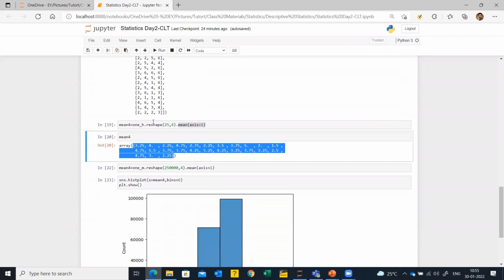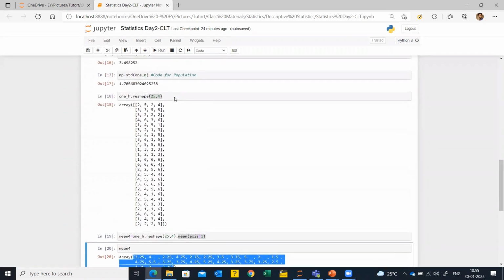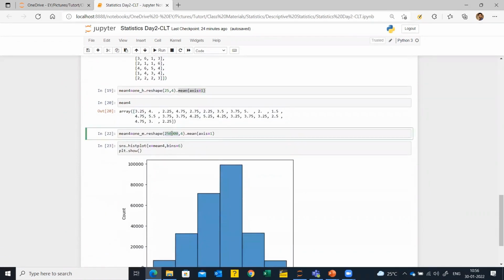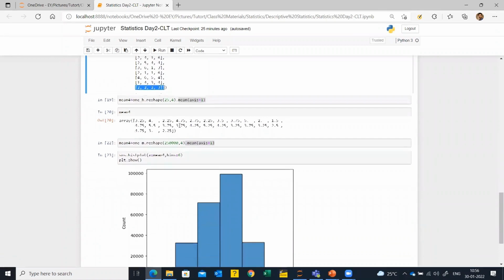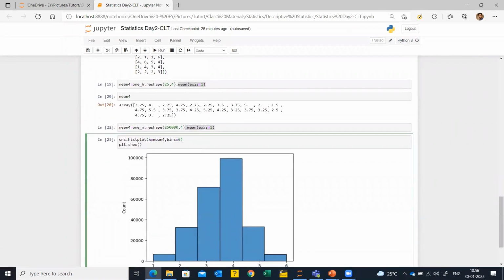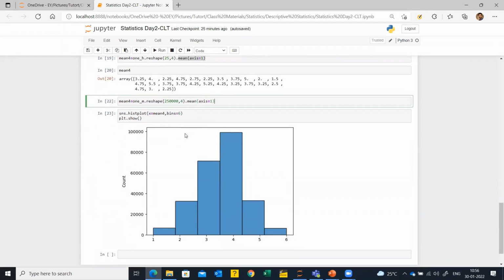Now I asked you to calculate the same thing for 1 million records. So what you have done is 250,000 into 4, which is 1 million records, and you are calculating the mean again for each of these rows. Now, I want to show you the results in a histogram.